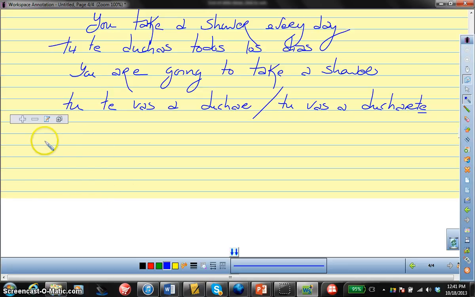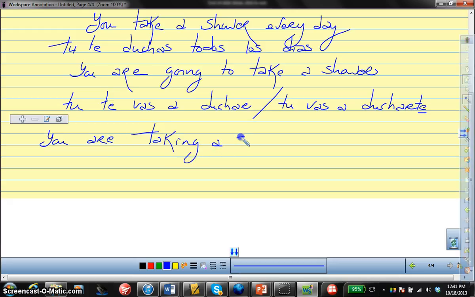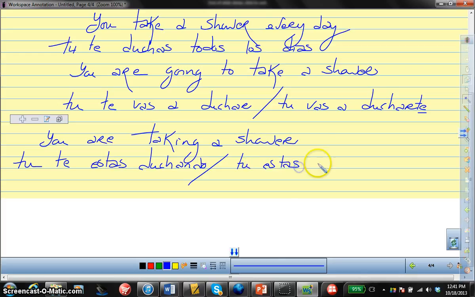Now, you are taking a shower. So it will be what? Either tú te estás duchando, or tú estás duchándote.